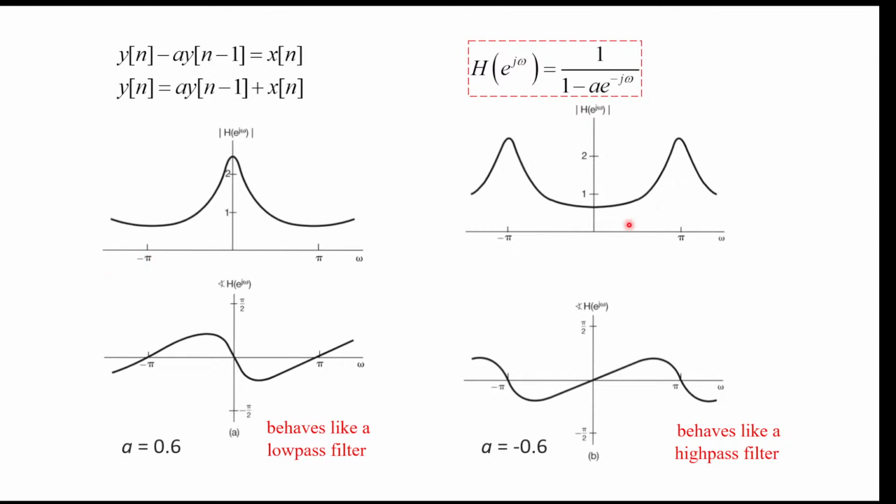Okay, so you see that the amplitude gets higher around this multiple of pi, and so this is a high-pass filter when a is negative, and a low-pass filter when a is positive.